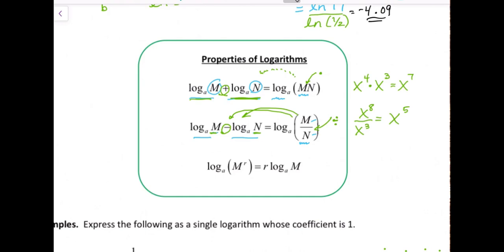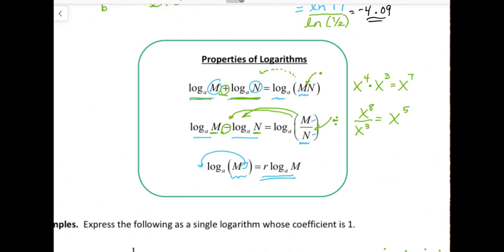Okay, the third property. In that third property, if we look at it from left to right, this is showing me what I can do when I have an argument that has an exponent on it. And what it tells me is I can take and move that exponent out in front of my log, giving me that as a result.